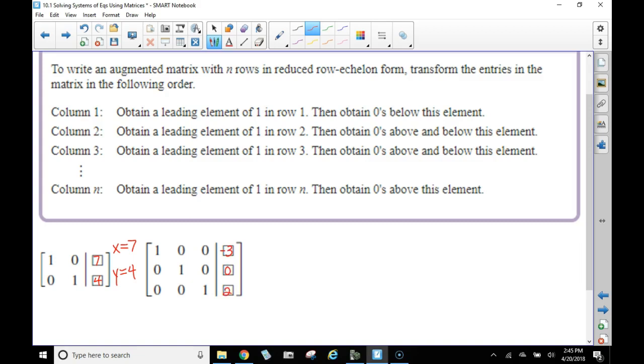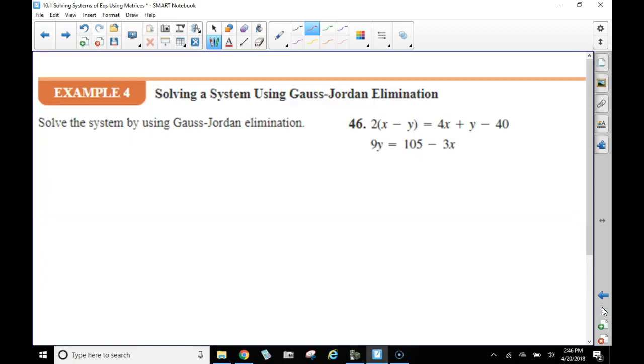Once you got that in reduced row echelon form, then the Gauss-Jordan reduction would say, hey, my solution for x is -3, y is 0, and z is 2. It's easy to read that. You don't have to do any back substitution. Let's see an example of how to solve a system using Gauss-Jordan elimination.